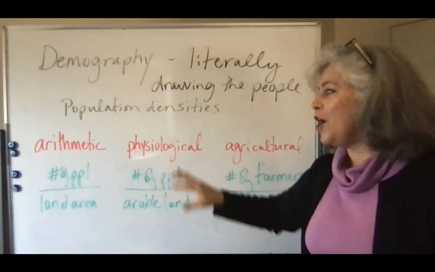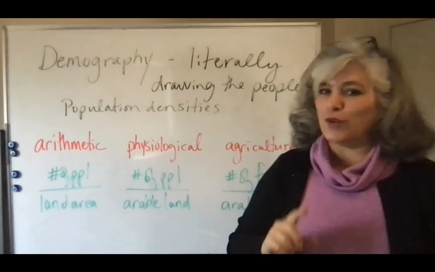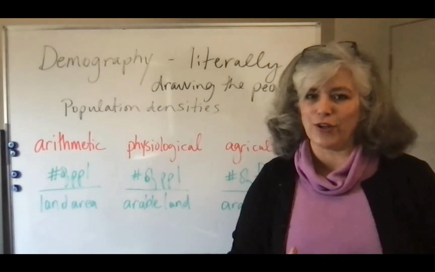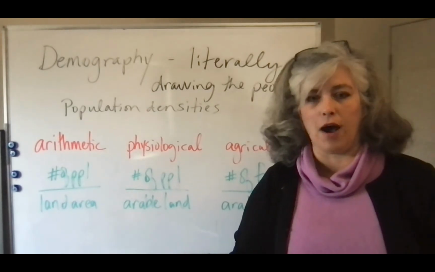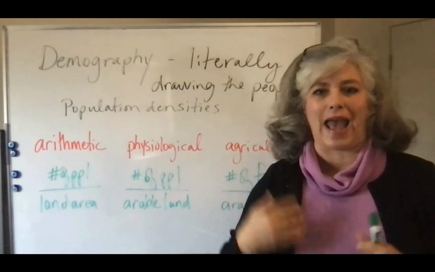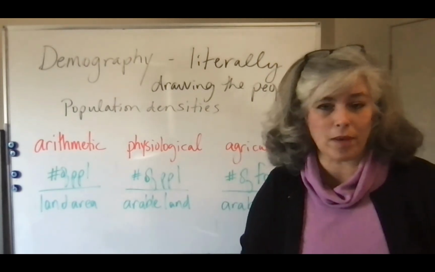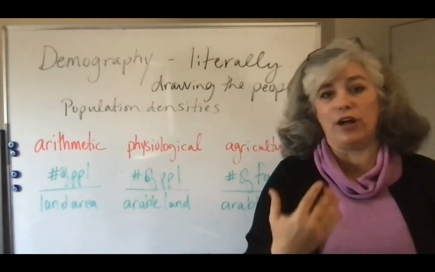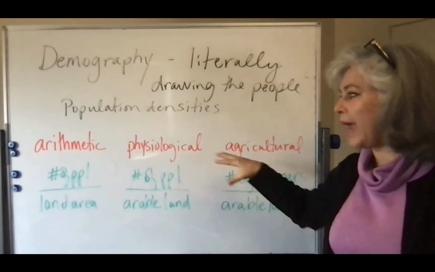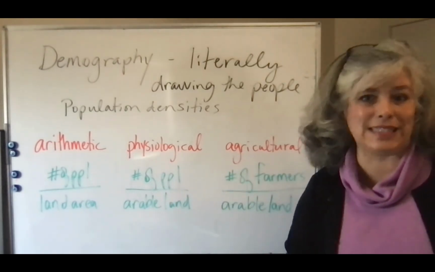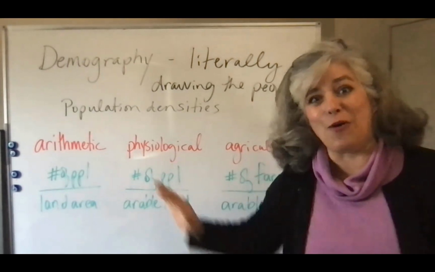But when you look at all of these in comparison to each other, you can use those critical thinking skills we've talked about to glean information about a culture and the economic background, the work and employment, the ability to be self-sustaining, and those kinds of pieces of information by comparing these different kinds of densities to each other.